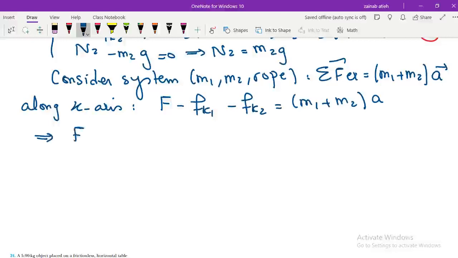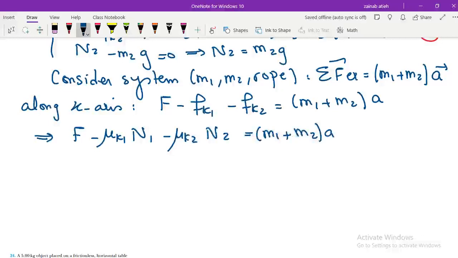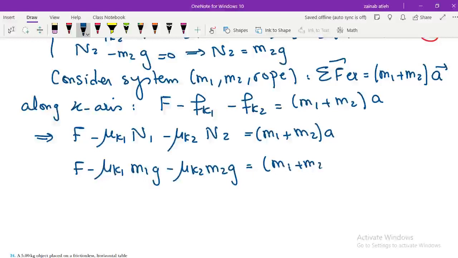This implies F minus mu K1 N1 minus mu K2 N2 equals M1 plus M2 times A. I already proved from systems 1 and 2 that N1 equals M1G. So F minus mu K1 M1G minus mu K2 M2G equals M1 plus M2 times A. I have everything.